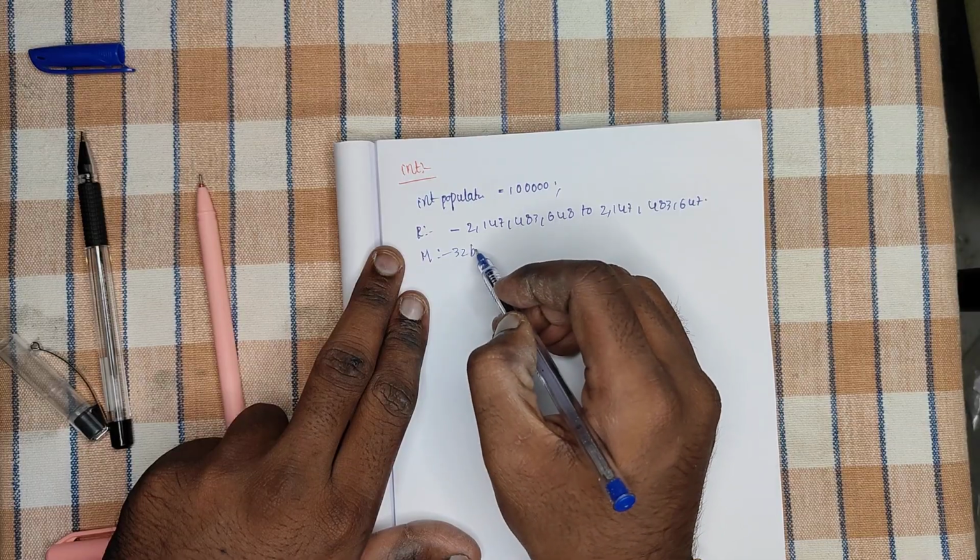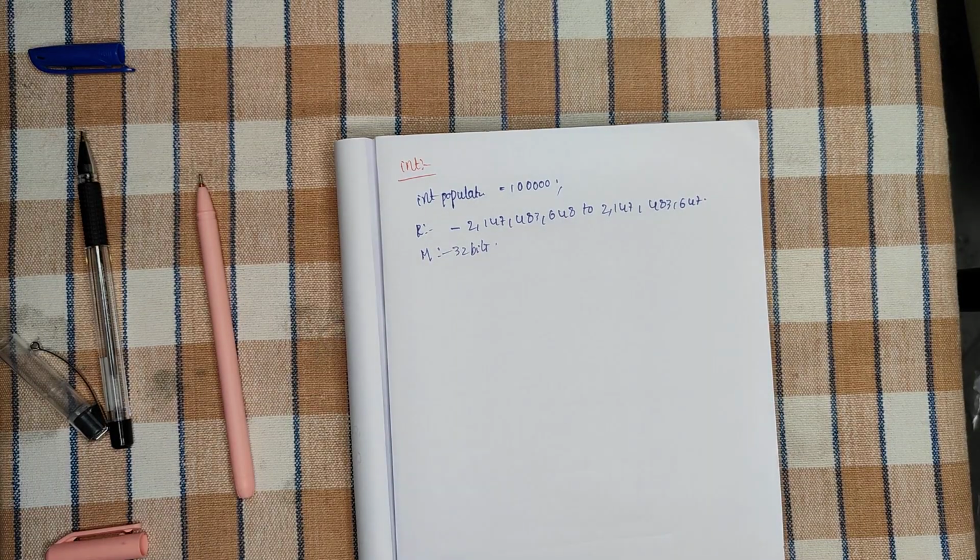Memory 32 bits. It is the most commonly used integer data type in normal Java programming. For example, int age is equal to 21, int marks is equal to 100, int salary is equal to 50,000. So like that.